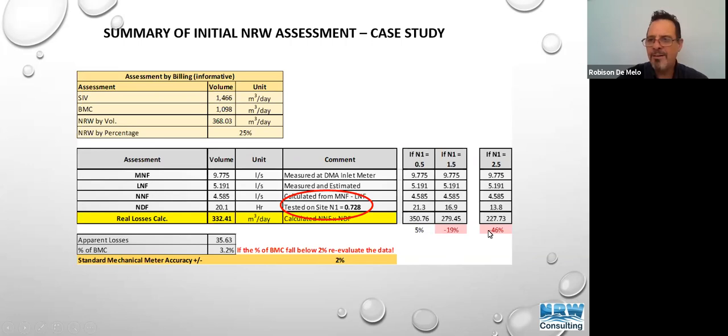And if we used the old methodology, where the N1 factor could go from 0.5 to 2.5, using this maximum of 2.5 we would have about 270 of real losses, which is minus 46% of the calculated, or tested, real losses.